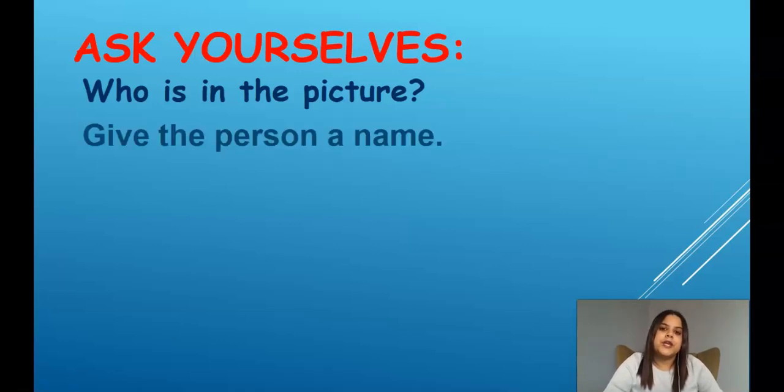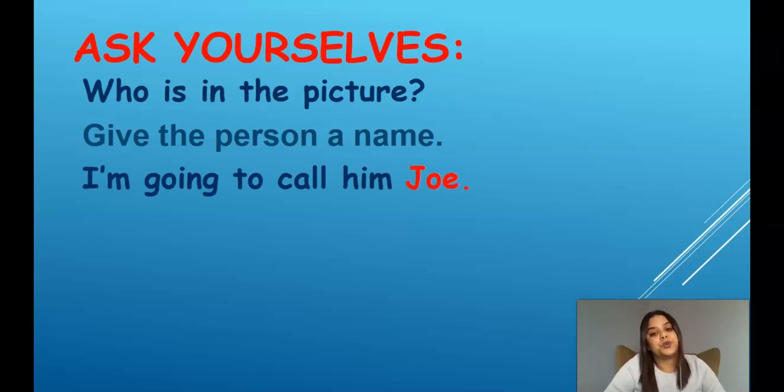Give the person a name. You can give the person any name that you can think of, okay? And I want you to make the sentence your own. I'm going to call him Joe. So the person in my picture is going to be called Joe, but you can have any name that suits yourself.